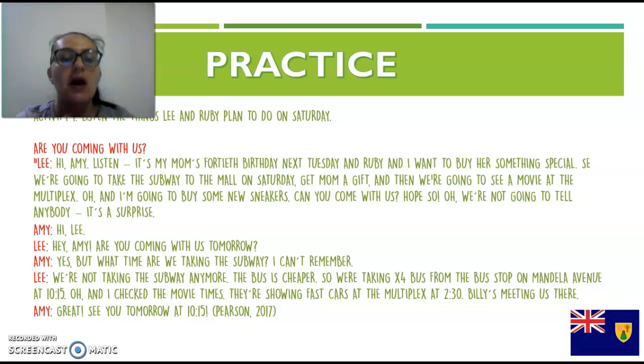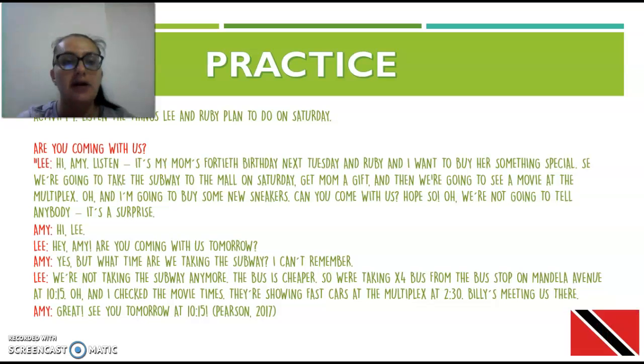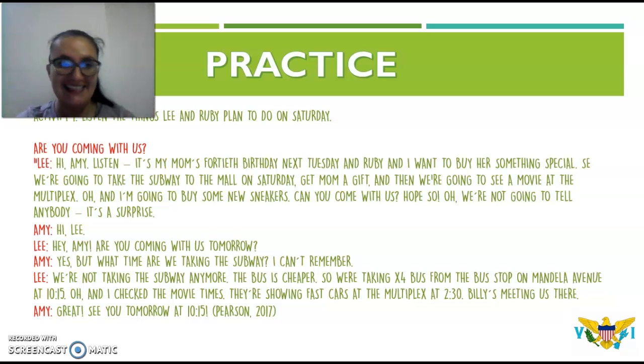Please remember, when you have a text or a conversation or an article, underline the words that you don't know, write them in your notebook and check in your dictionary what translates these words in Spanish. Because this exercise helps you to know vocabulary. Okay, so are you ready to listen?